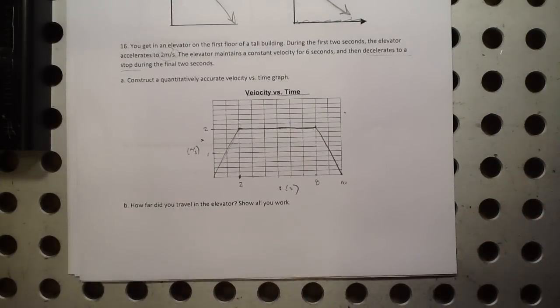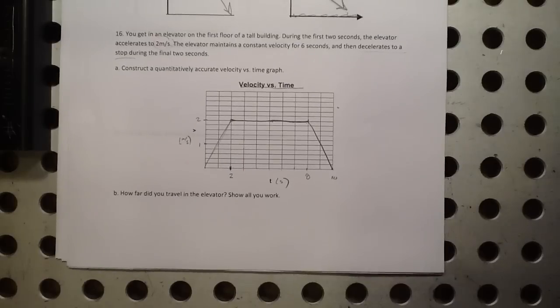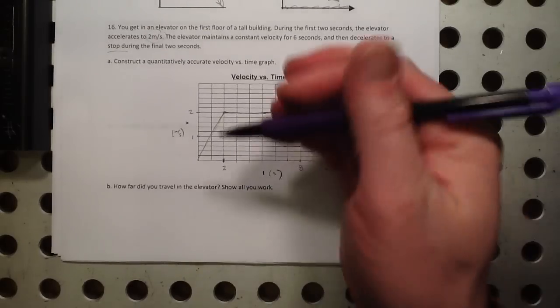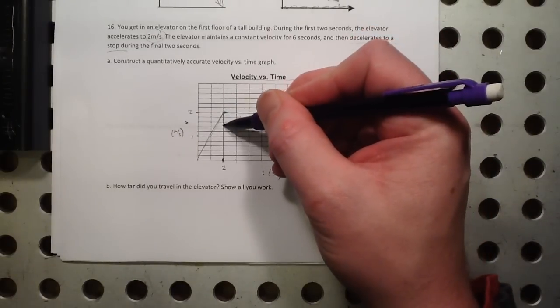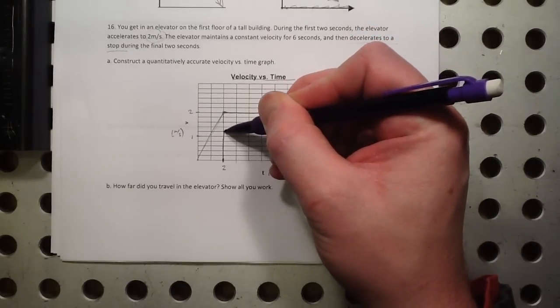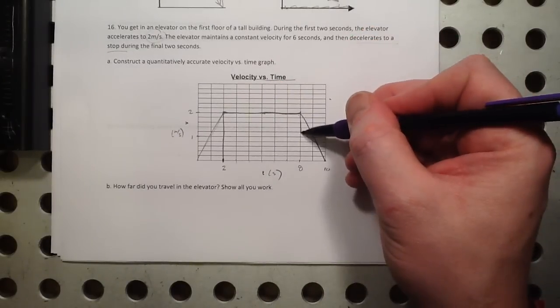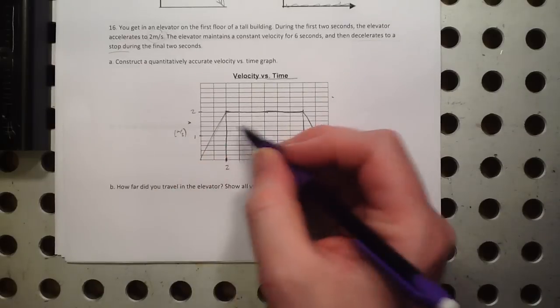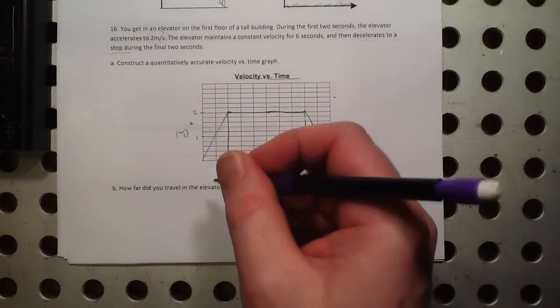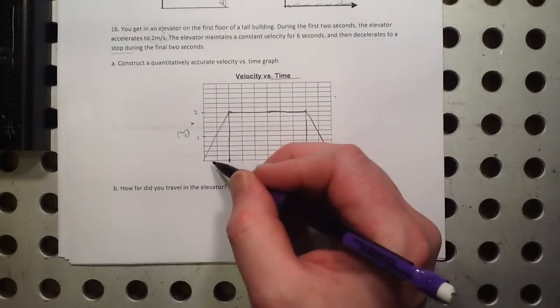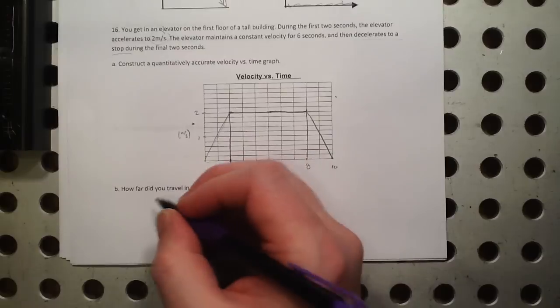How far did you travel in the elevator? There's a couple ways to do this, but I think by far the easiest way, the way that we talked about the most, is if you have a velocity time graph, if you find the total area here, that's going to tell us how far we went. So we've got an area of a triangle here.